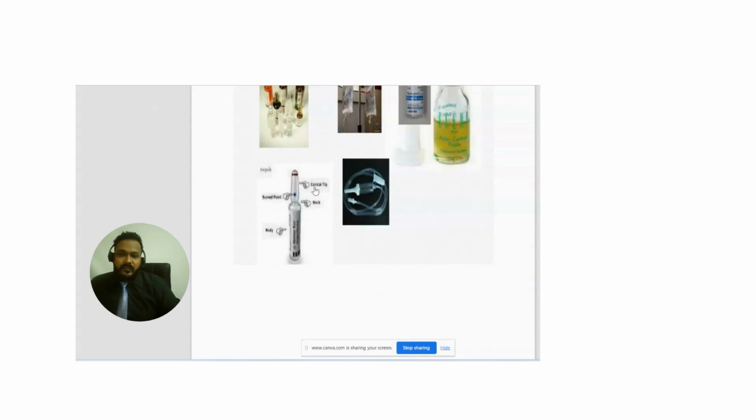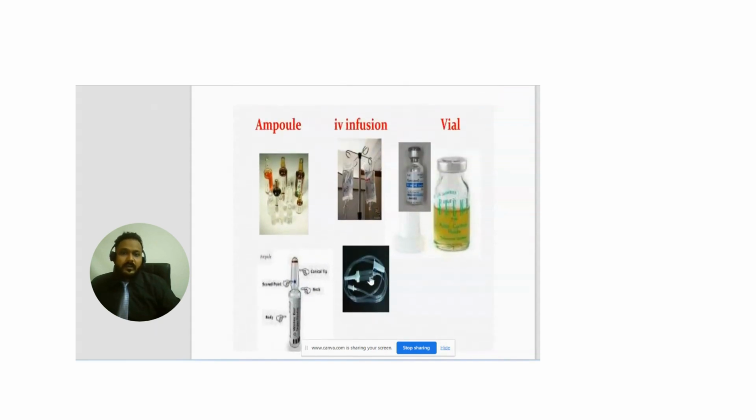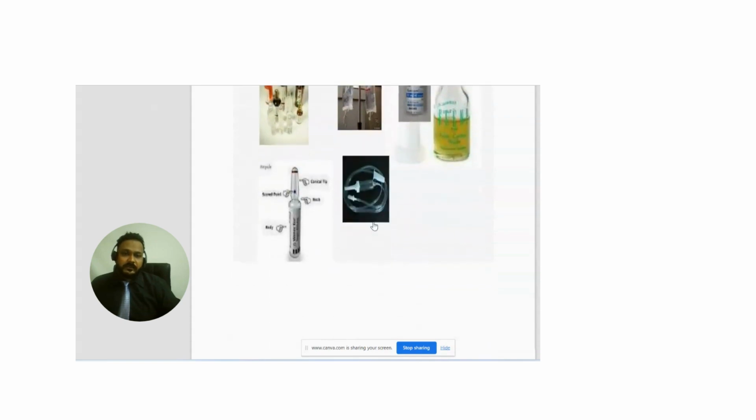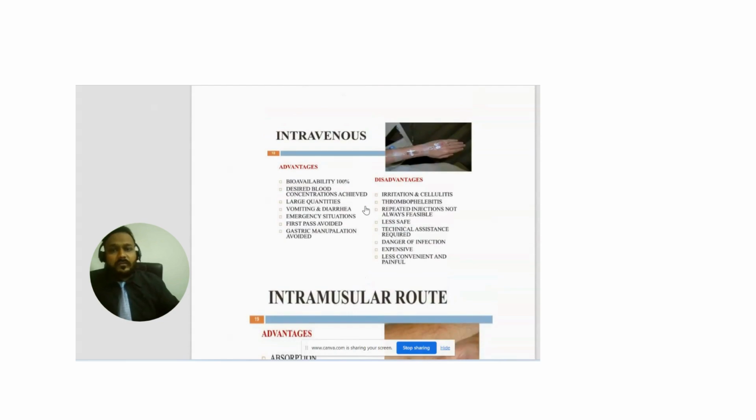Here you can see the different parts of an ampoule. It is a single use ampoule, and this is an IV set. It is used for large volume parenterals. Now the advantages of intravenous injections: 100% bioavailability, large quantities can be given, and in case of an unconscious patient, we use this route of administration.